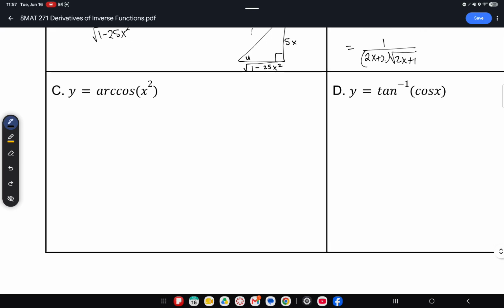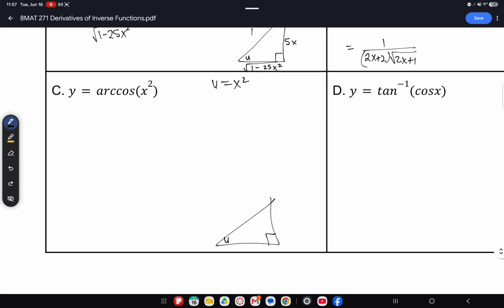Do another one. So arc cosine could go from a triangle perspective again and say, all right, here's where u is going to be, and u is x squared.